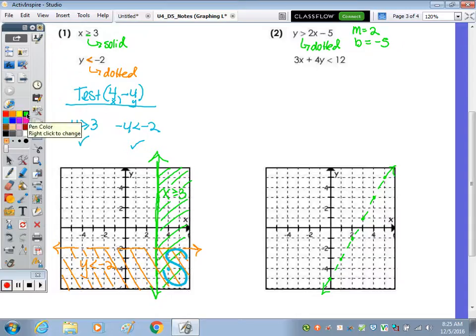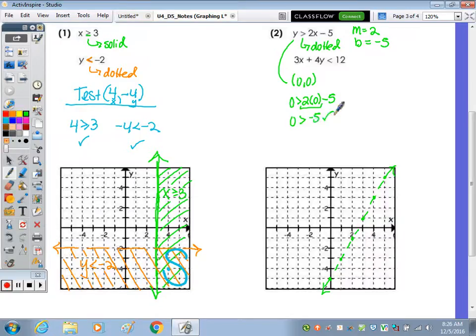And then greater than is going to be shaded above. Well, above here is where? Is it to the left or is it to the right? So in this case, you may want to test 0, 0. Is 0 greater than 2 times 0 minus 5? Well, this is 0, and 0 is greater than 0 minus 5, which is -5.